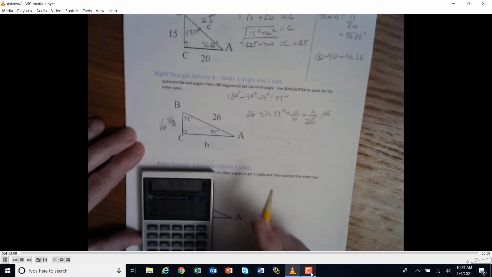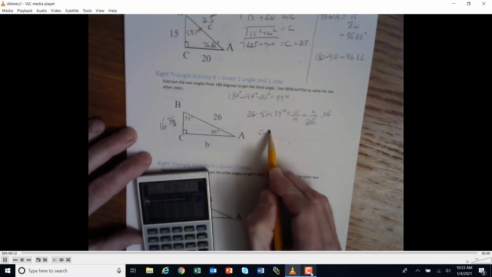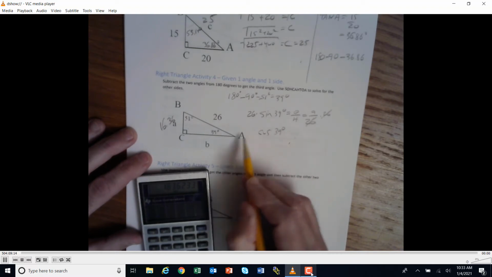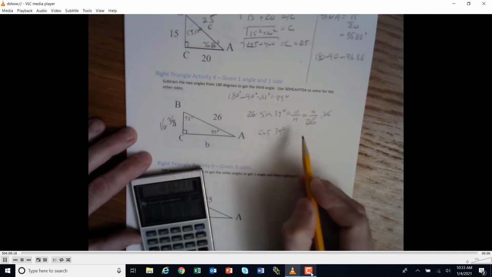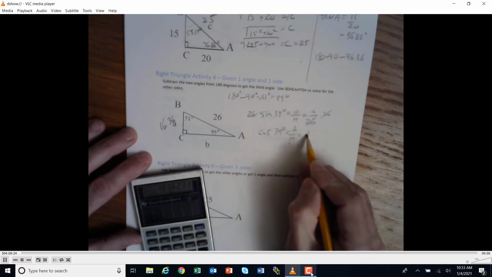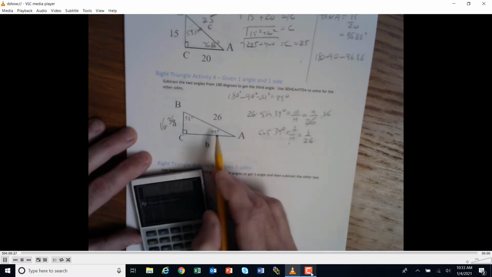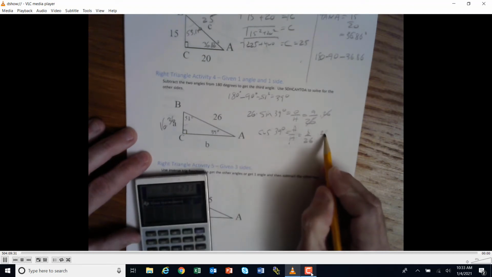Okay. We can certainly get this side right here by using the cosine. The cosine of 39 degrees. And it's not the opposite over the hypotenuse, it's the adjacent over the hypotenuse, which is going to be b over 26. So instead of a over 26, it's b over 26. Same thing, you need to multiply each side by 26.